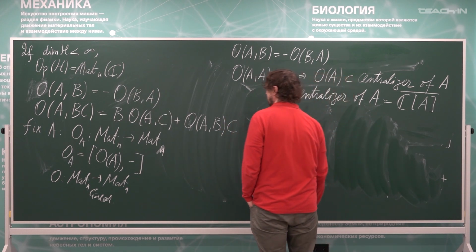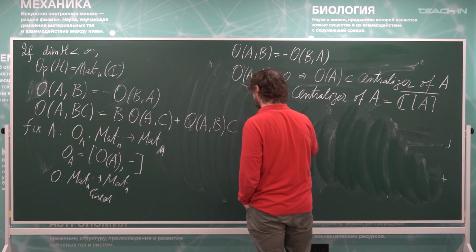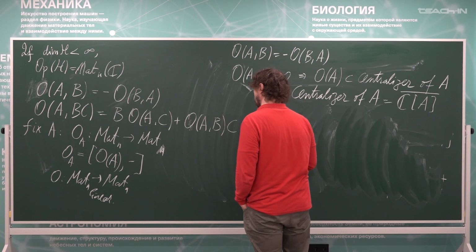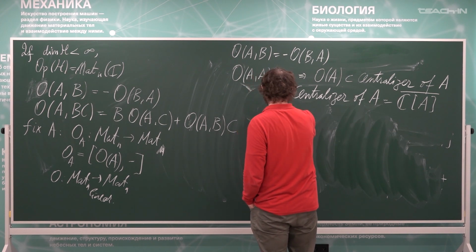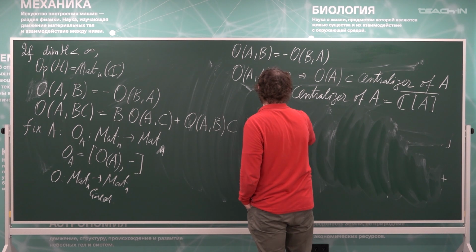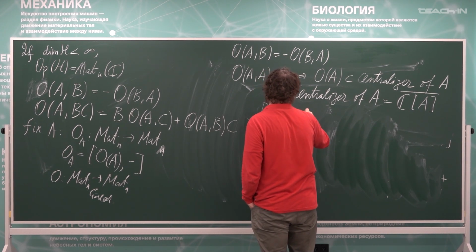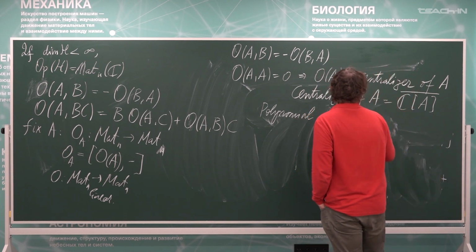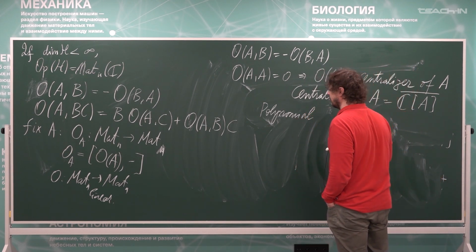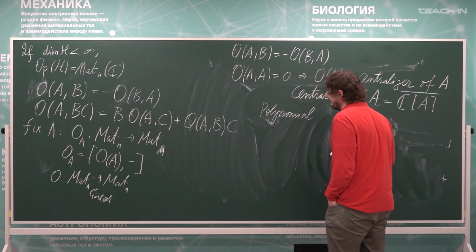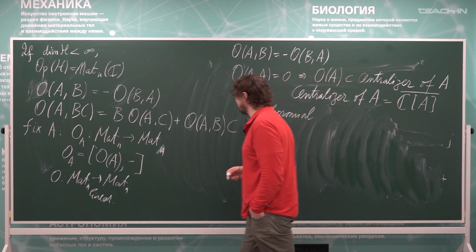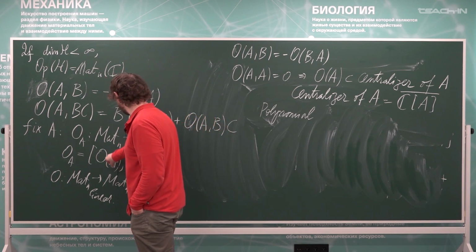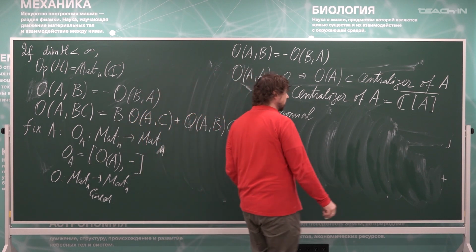Now, on the other hand, any polynomial that linearly, so if we now compare this statement with the fact that this expression is linear in A, we conclude that the polynomial should be linear.